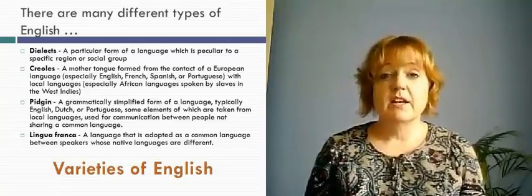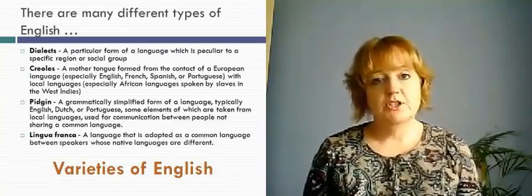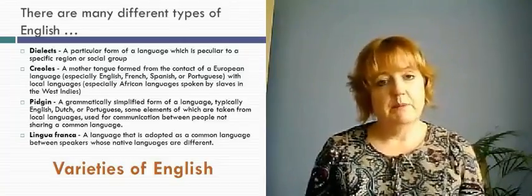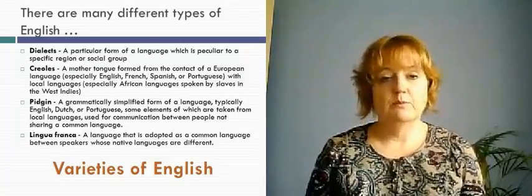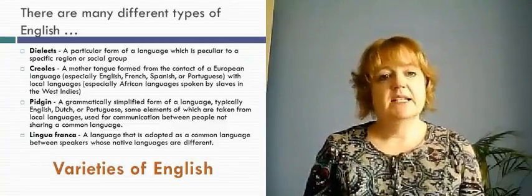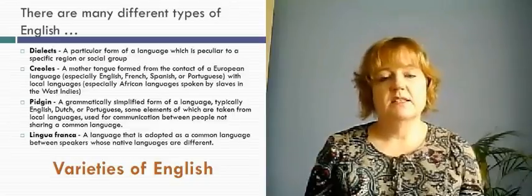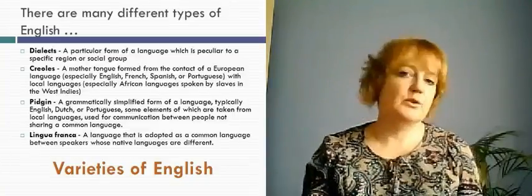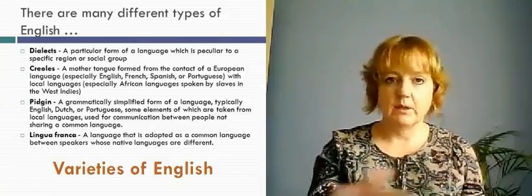Pidgin is a grammatically simplified form of English, often used in colonies. For example, where I was born, Papua New Guinea, there is a form of Pidgin that is very common up there.